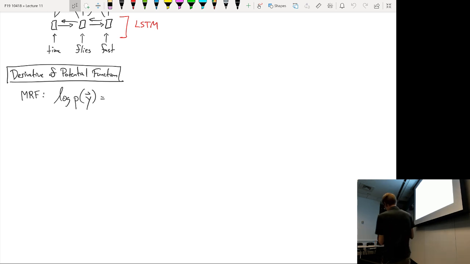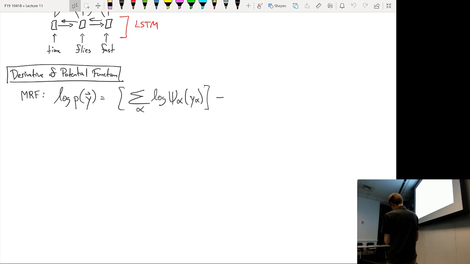So it is just a sum over all the factors alpha of the log of psi alpha of y alpha, with the addition that we need this to be the log of these potential functions, and then minus the log of Z.